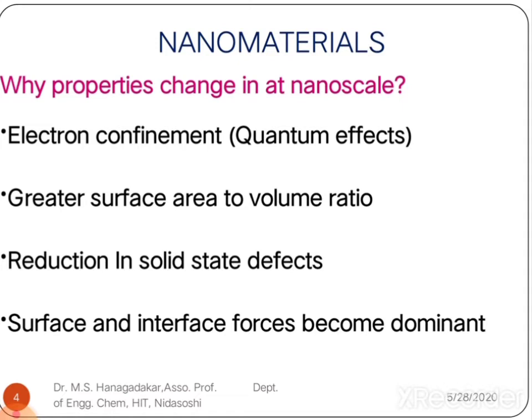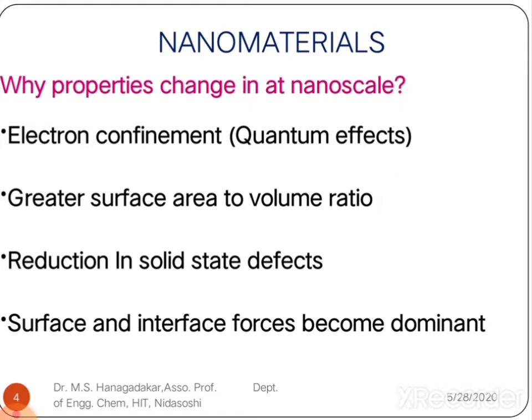As the movement is restricted, the property of the lion is going to change because it is restricted within a specific small area. Likewise, electron confinement plays an important role as compared to the bulk material. In the bulk material, the electrons are not restricted in movement, but when you reduce them to the nanoscale, the movement is restricted. That is what we call electron confinement, or quantum effects.